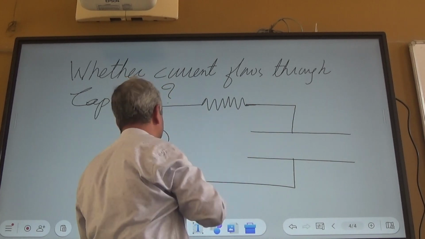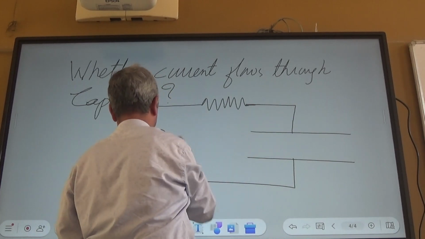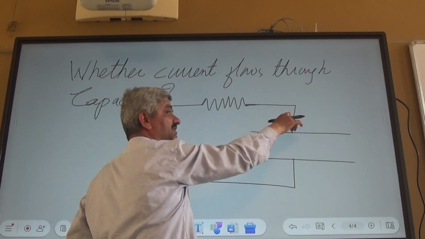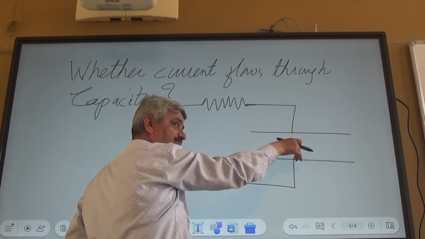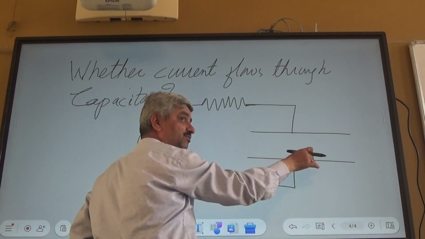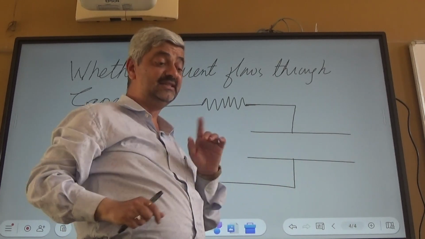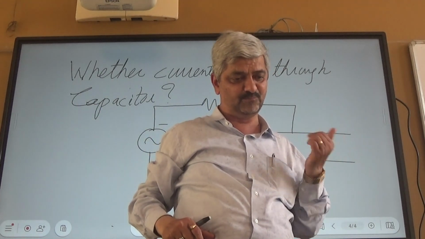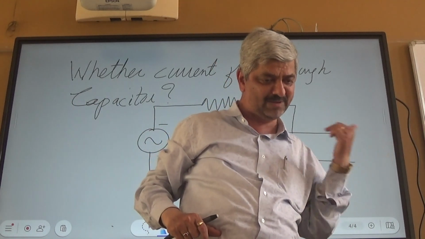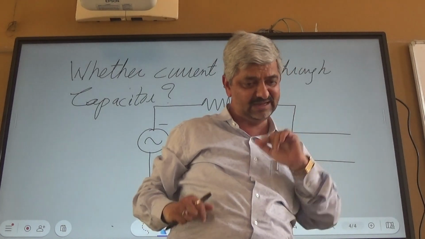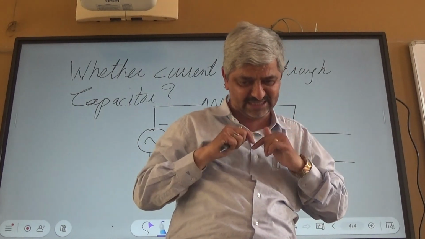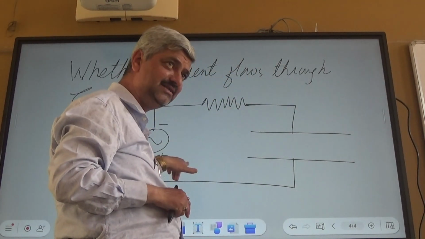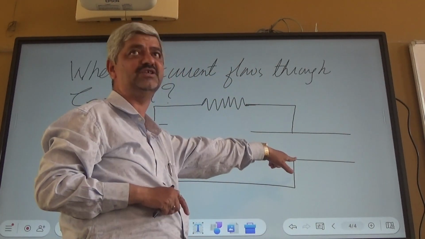This is negative and this is positive. It is putting electrons, so it is getting negative charge, and there it is getting pulled, so it is getting positive charge. So the net effect of electrons being pushed by one end of the supply and pulled by the other end of the supply, during a time when the supply is positive and negative as shown, gives rise to a similar charge on this side.